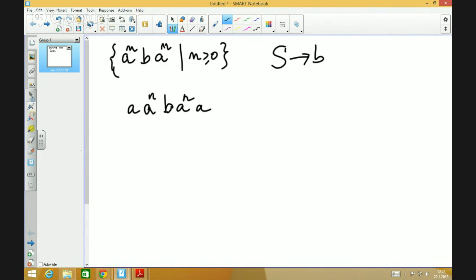So now, who generates strings in this language recursively? S. S is the guy. So I write another production that has an S in the middle, and recursively this will generate this thing here. And what do I put before and after the S? I put A's.